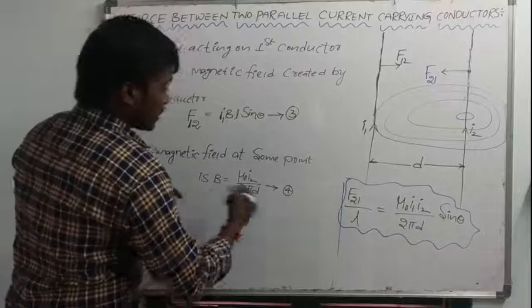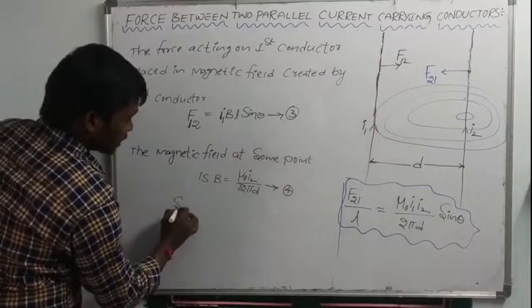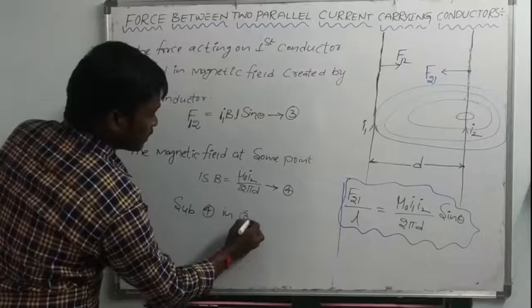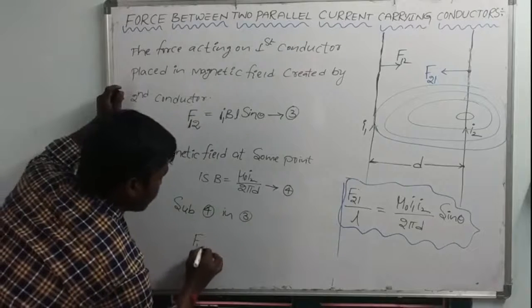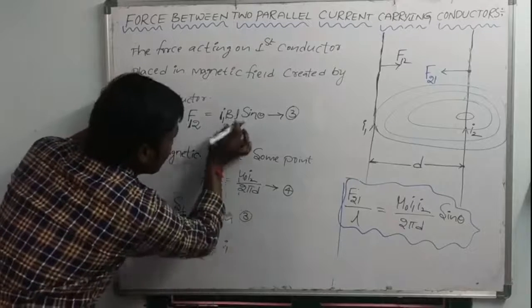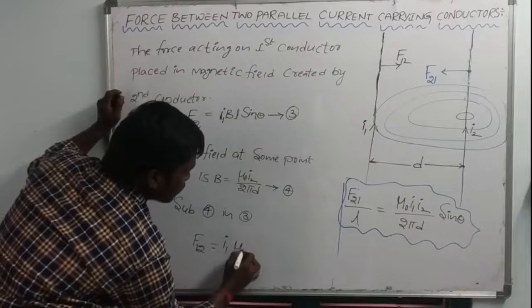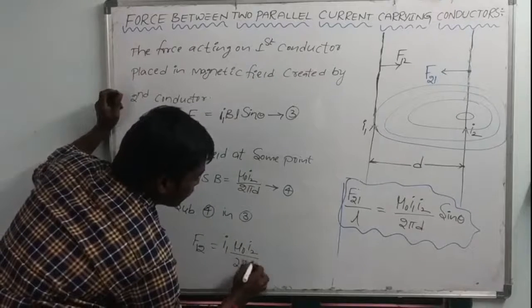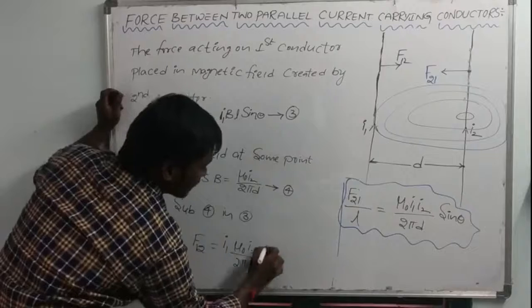Now substitute equation 4 in equation 3. So F12 is equal to I1, and in place of B I am substituting mu naught I2 by 2 pi d, and the remaining is L sin theta.